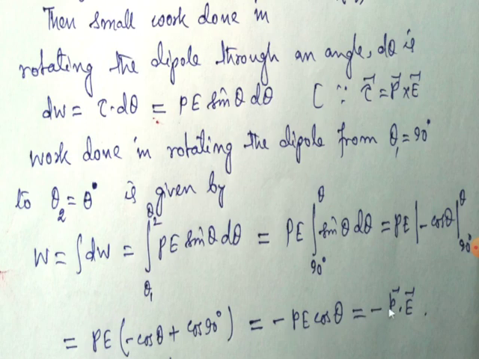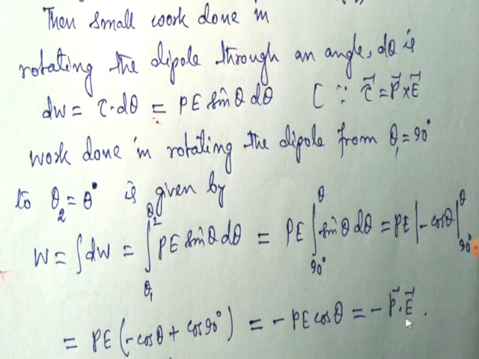And we can write this as minus P vector dot E vector. So this is the resulting formula for the work done. Your potential energy will also be equal to this amount of work done, because this work is stored in the form of potential energy in the system, the dipole inside the uniform electric field E.